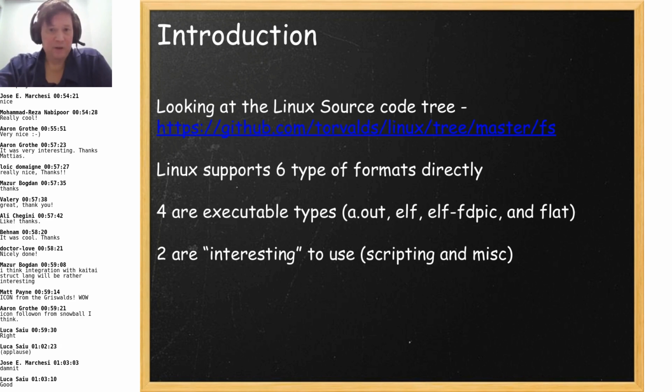I remember the Slackware guy, Volkerding, kept talking about it, and I think he said eventually, "Welcome to hell. Here's the ELF version of Slackware." So it put on a lot of effort over the years. But a.out is still in the kernel. It's getting deprecated in the newer versions. But there are those four basic types. There are also 2 interesting types that are referred to in the kernel source code: scripting and miscellaneous.